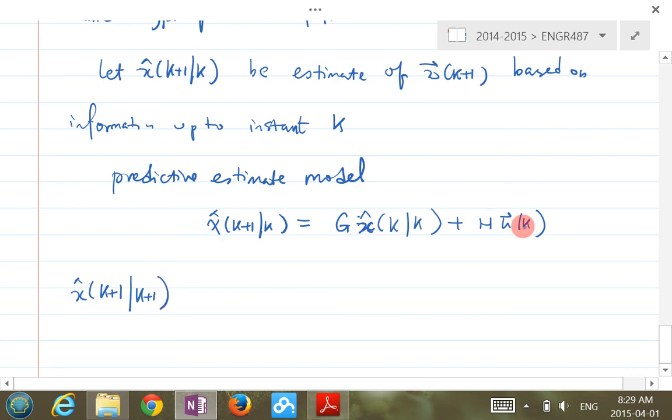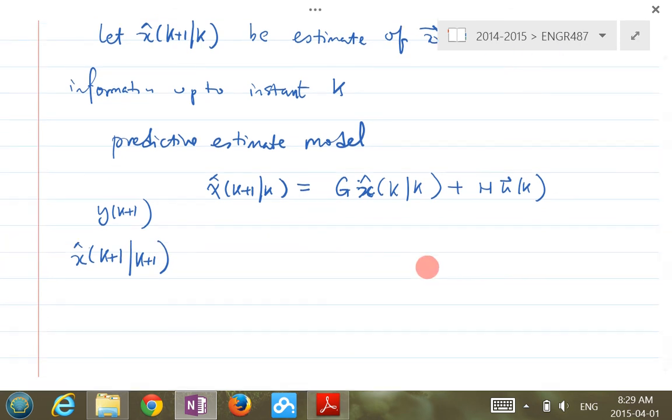After the prediction comes your updated measurement y of k plus 1. We can use this new information y of k plus 1 to update our prediction, to become x hat k plus 1 given k plus 1.